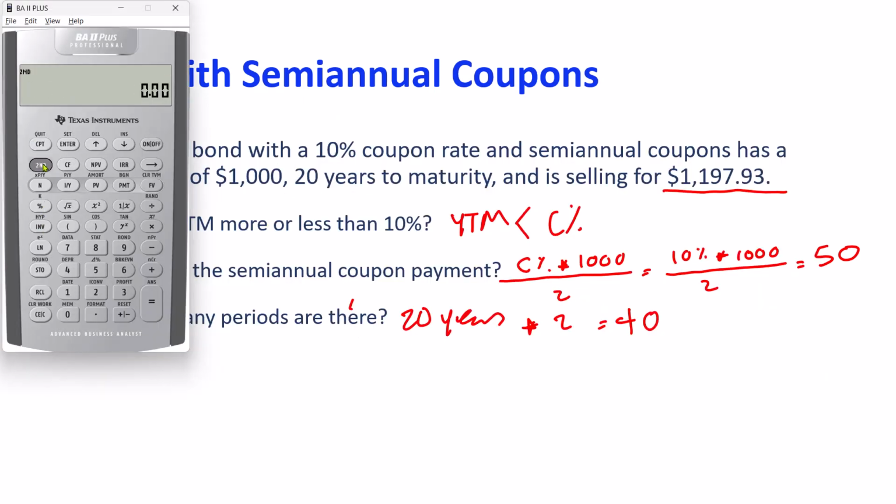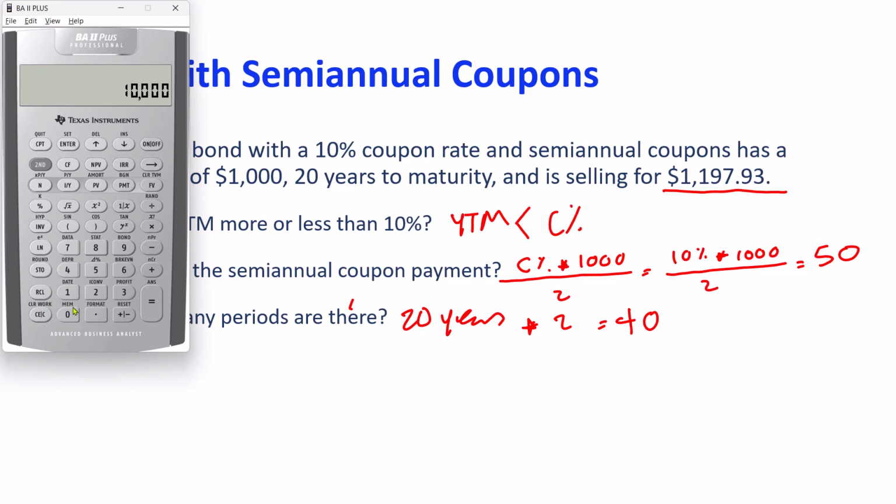To clear the time value of money first, we have $1,197.93 for the price. Remember, negative sign. Let's see if I forget to put the negative sign, but let's see what happens. And we have 1,000. Okay, wait. So this is your present value.